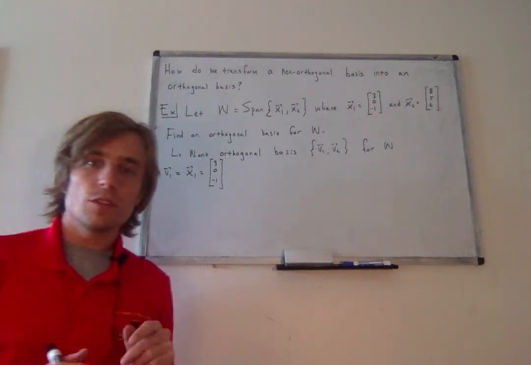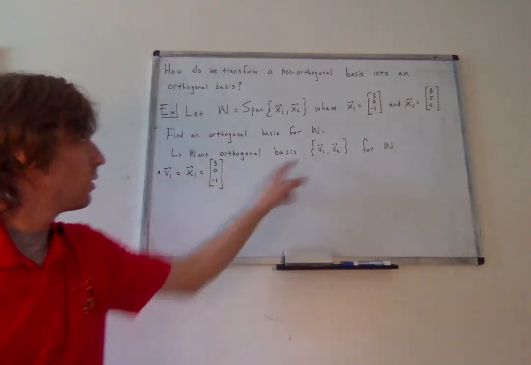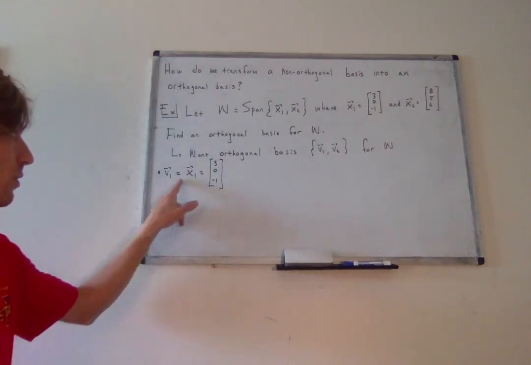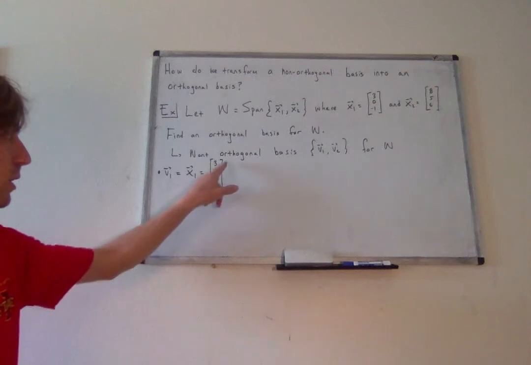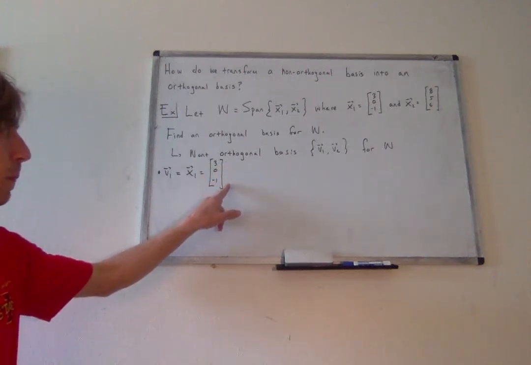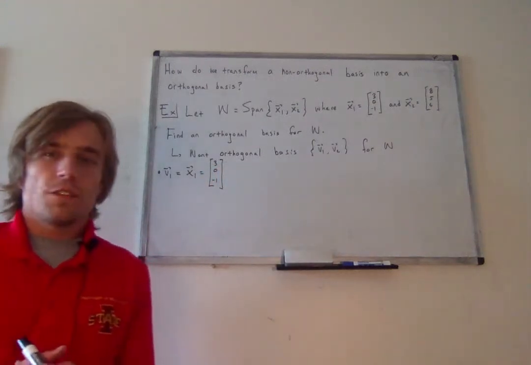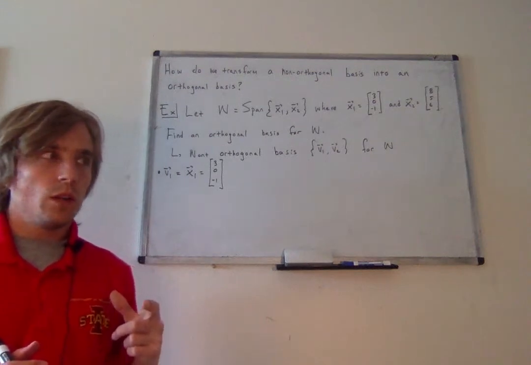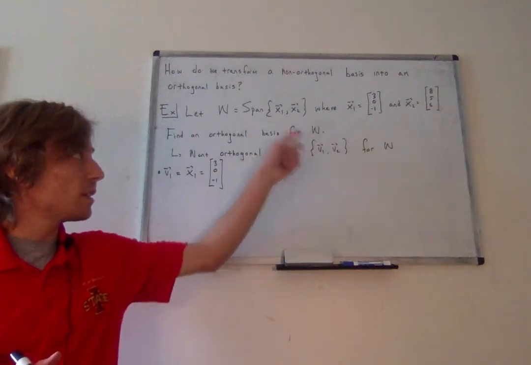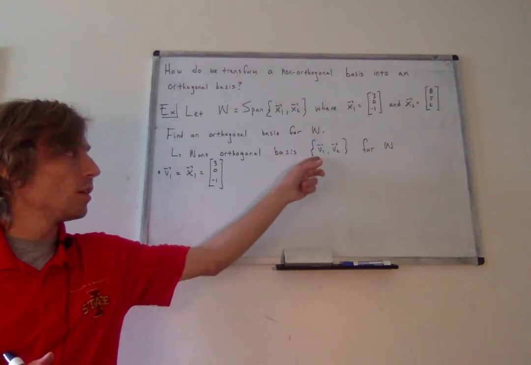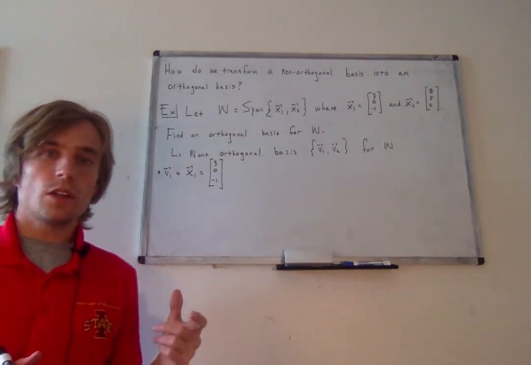Now comes the hard part, right? I need to find a vector v2 that is orthogonal to this vector v1, which is x1, (3, 0, -1). So I need to find some vector that will help me span the same set as x1, x2, and will be orthogonal to v1.